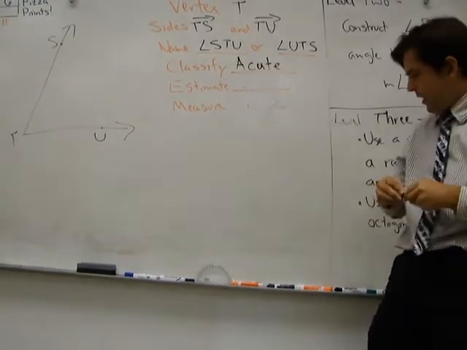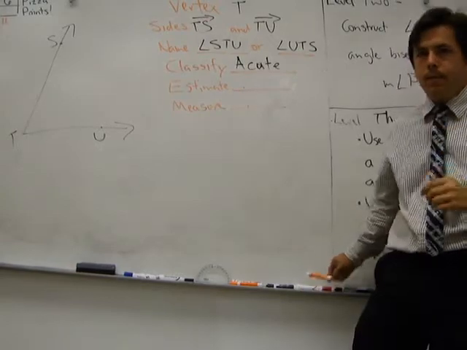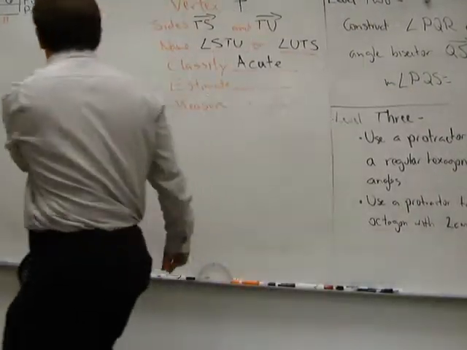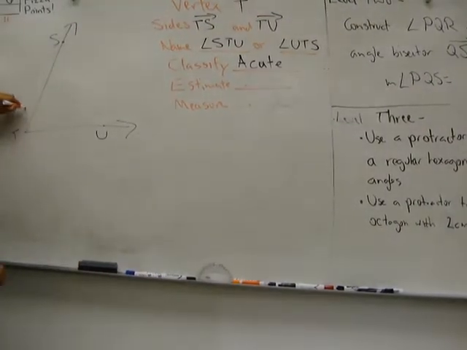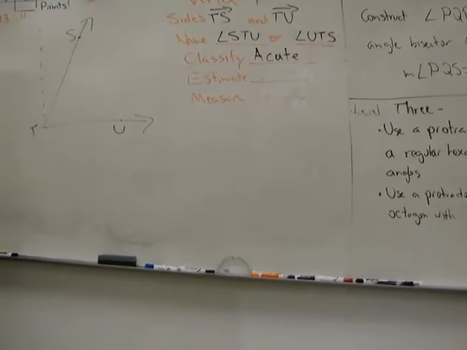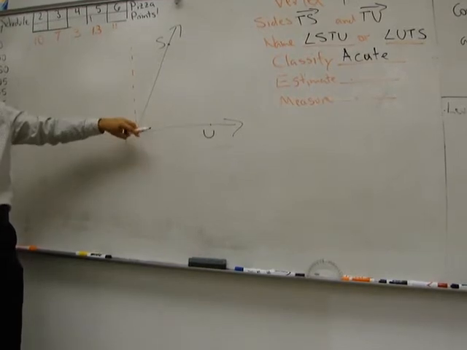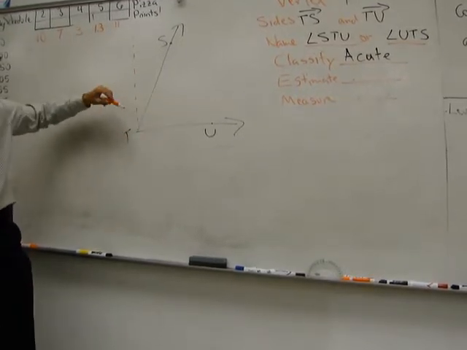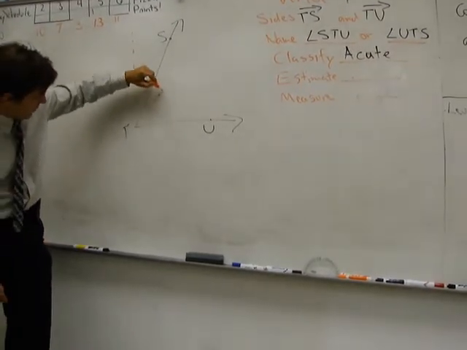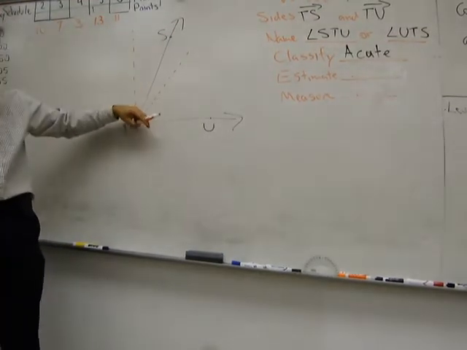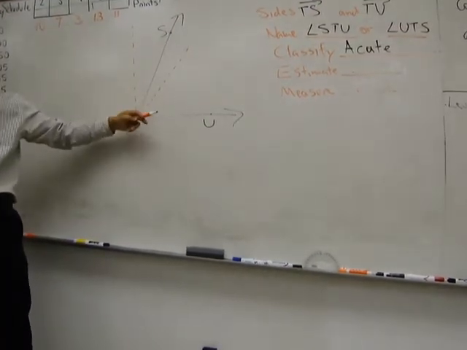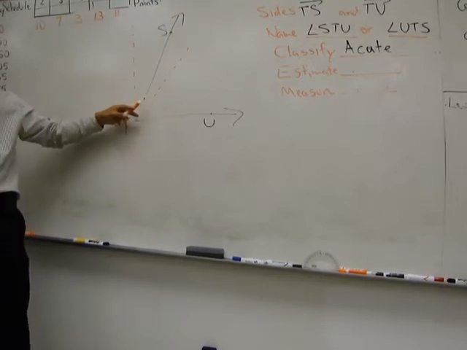Okay, now estimate. This estimate, my favorite way to do it is to draw the 90. So the 90 is going to go pretty much like this. So more than 90 or less than 90? Less than. Is it closer to 90 or closer to 0? It's closer to 90. And then I can do a little halfway. So if that's halfway between 90 and 0, how much would this line represent? 45.